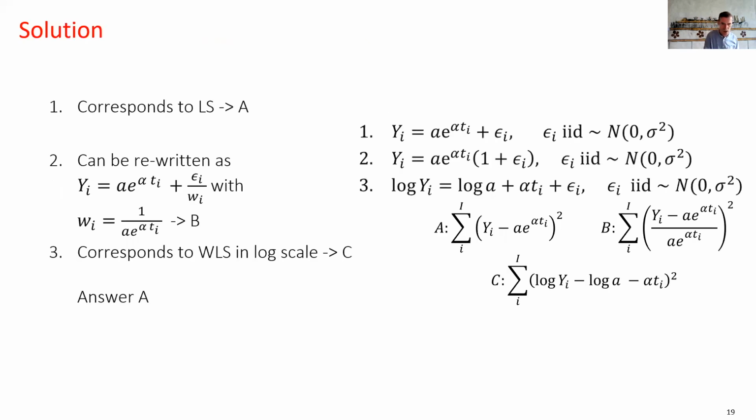Well, the first one is exactly the one-to-one mapping of least square, so that's easy, right? That's the least square error term. Now model 2 can be written in this form here. The Wi is 1 over this term here, so it is the same as saying that this is the score, right?